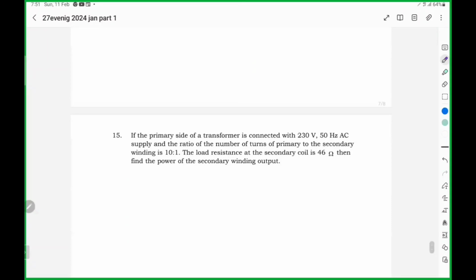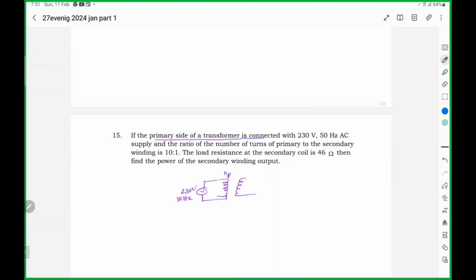Here it is. All of you know the formula related to the primary coil and secondary coil of a transformer. So this one is connected to 230 volts, 50 Hz.